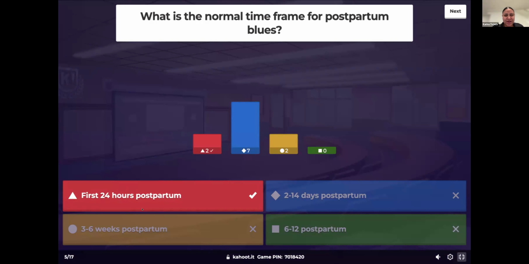The first 24 hours, I would think no. I don't think so. You're not going to see postpartum blues yet, because they're just getting used to having a baby. Before discharge, they will do a depression screening. Usually discharge is 2 to 3 days following, or 3 to 4 days if it's a section. So I would guess the answer is 2 to 4, but this group is saying it's the first 24 hours. I don't think so.